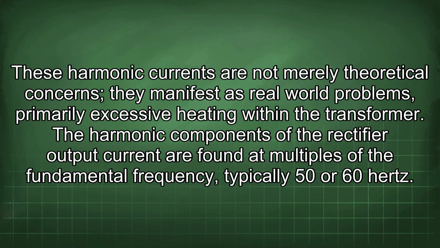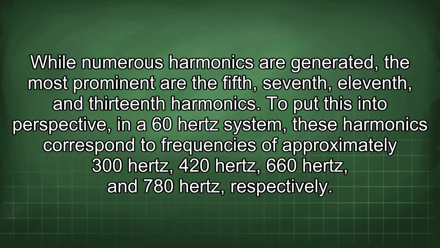These harmonic currents are not merely theoretical concerns, they manifest as real-world problems, primarily excessive heating within the transformer. The harmonic components of the rectifier output current are found at multiples of the fundamental frequency, typically 50 or 60 Hz. While numerous harmonics are generated, the most prominent are the 5th, 7th, 11th, and 13th harmonics.